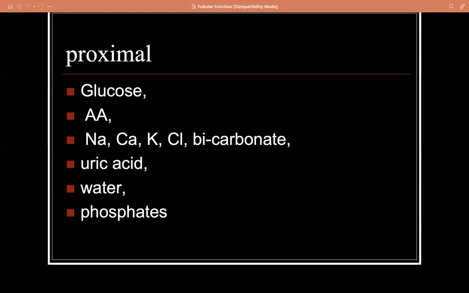Now, out of all this, I'm not forgetting chloride. Chloride there is important. And as you look at how things are reabsorbed in the body at the proximal convoluted tubule, you cannot ignore chloride.